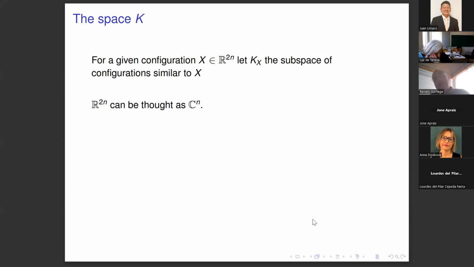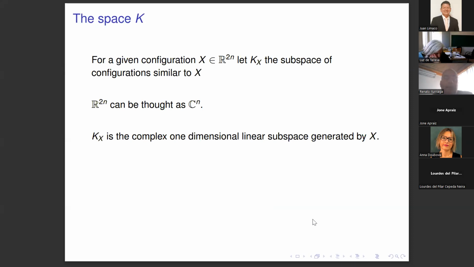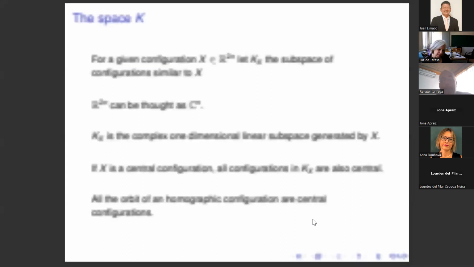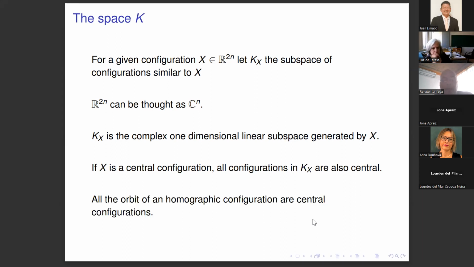The space R^2N can be thought of as C^N, and K_X is the complex one-dimensional linear subspace generated by the configuration X. So you take X and you move it with a rotation and with a contraction or expansion. In particular, if X is a central configuration, all configurations in K_X are also central.